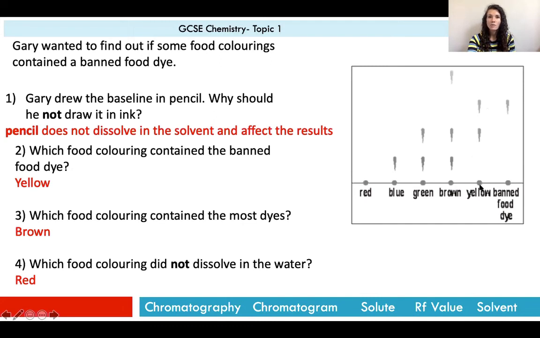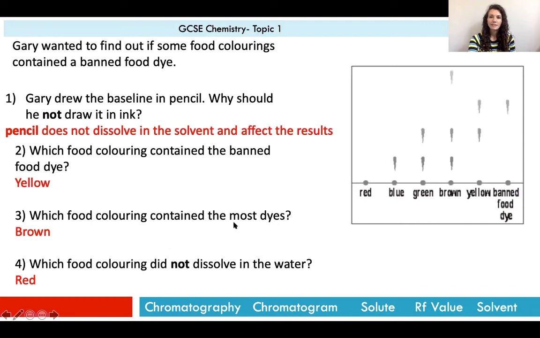So we know that this yellow food colouring contains that banned substance, because that banned compound has moved up that far in the banned food dye sample, and we can see there is a compound in the yellow one that's moved the exact same distance.